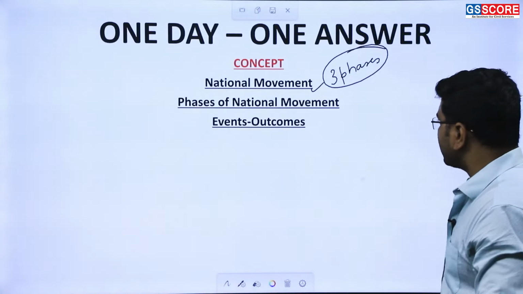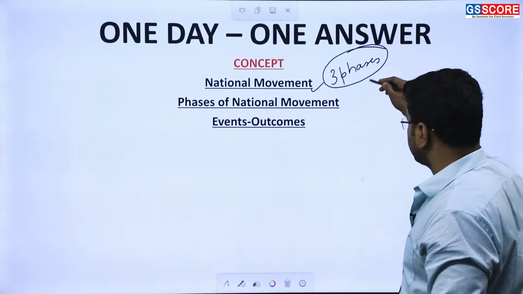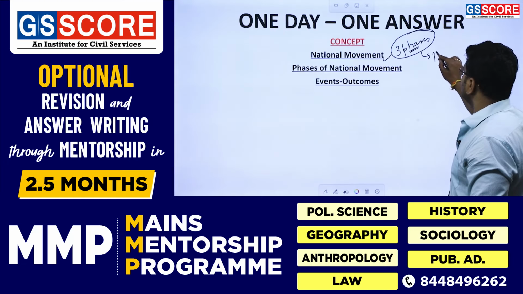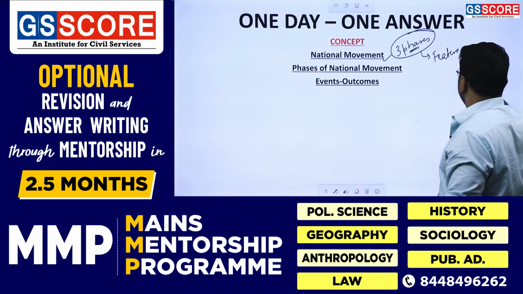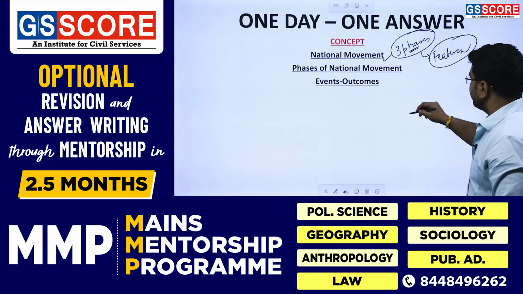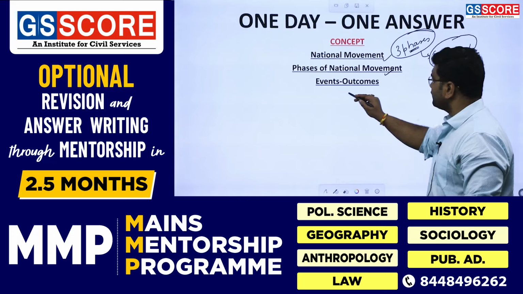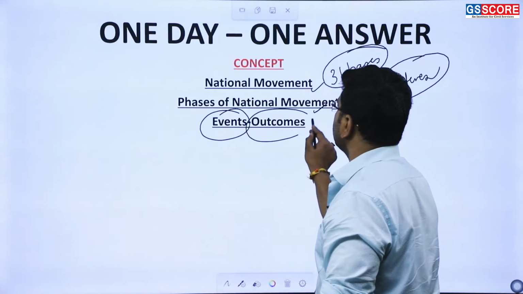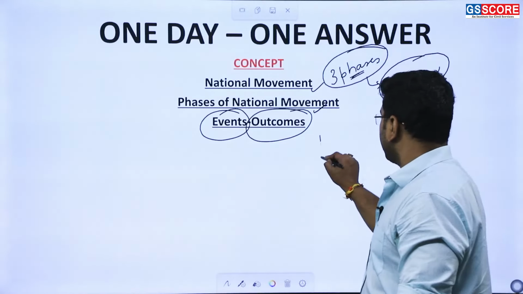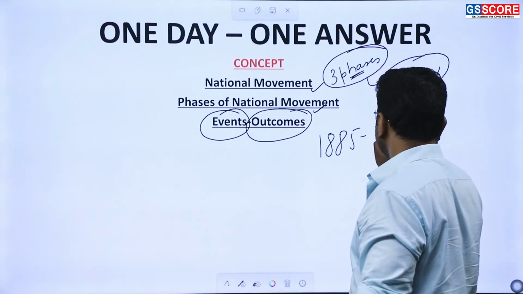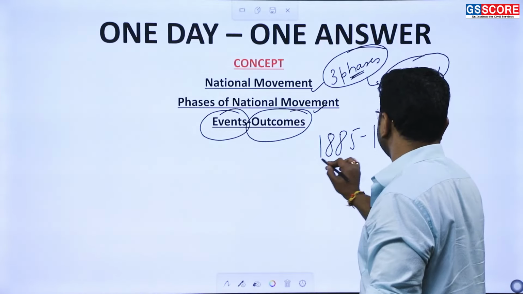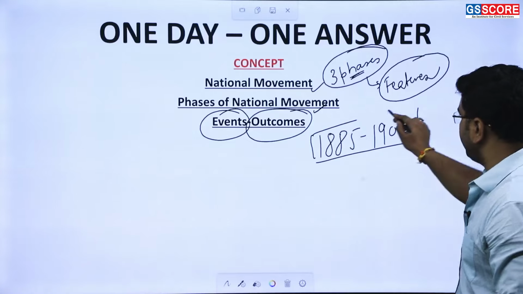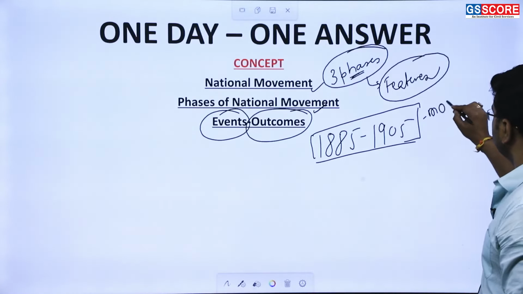To solve such a question, you need clarity over the different phases and what were the chief features of those phases. Then, under each phase, what were the events which dominated and what were the outcomes. For example, from 1885 to 1905, phase 1 of the national movement, the chief features and events were concerned with the moderates.